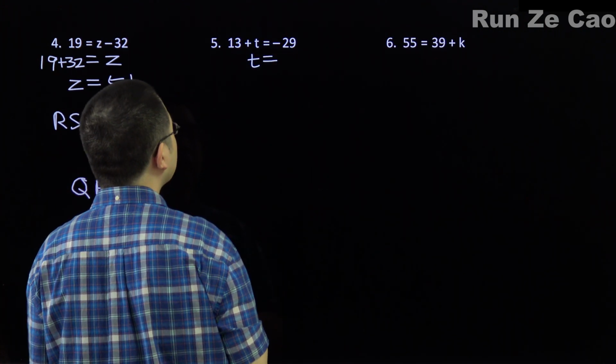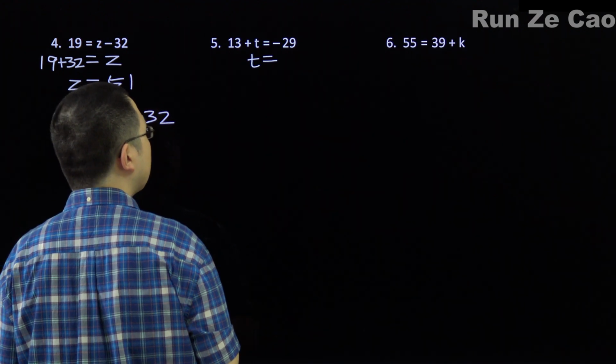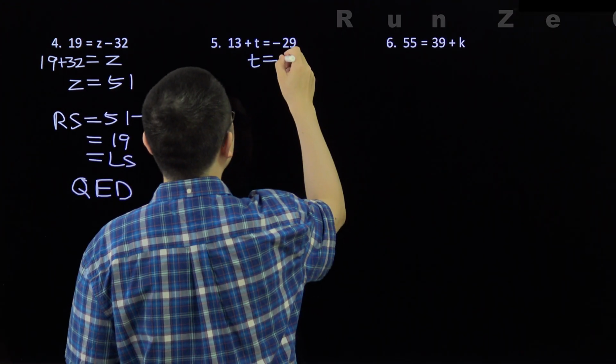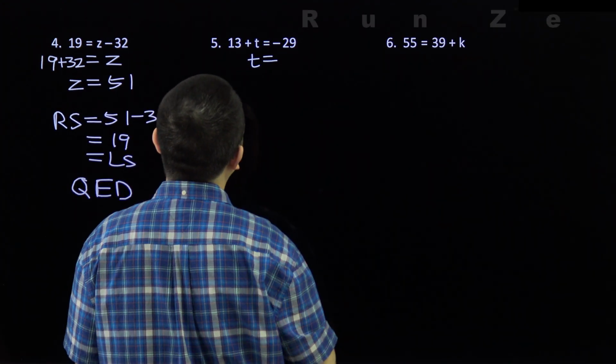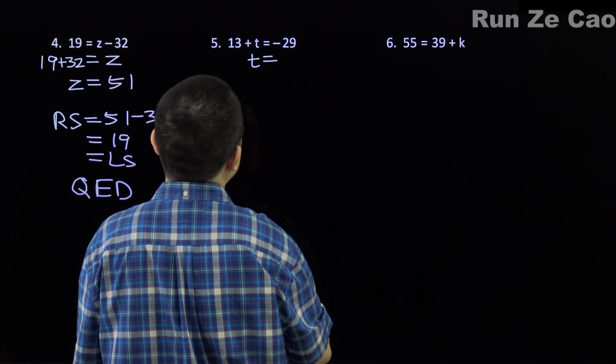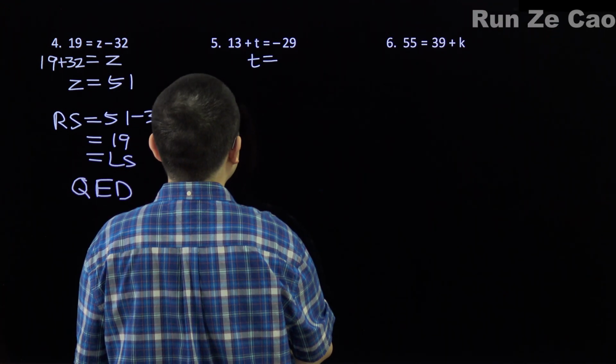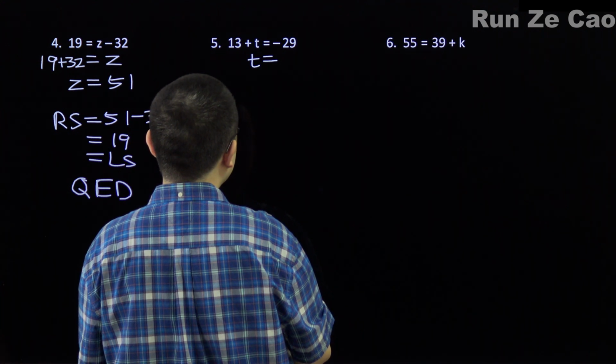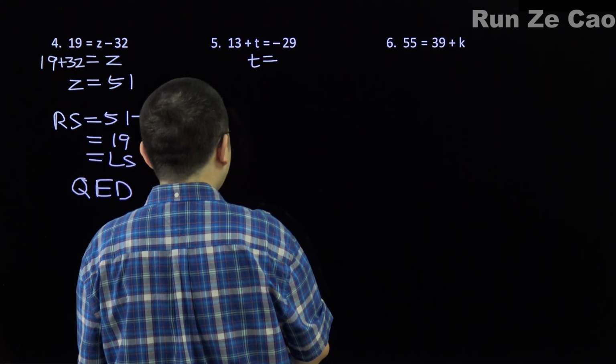So it's kind of up to choice. And also, how comfortable are you with rearrangements? t is equal to negative 29 minus 13, also known as negative 30 minus 12.